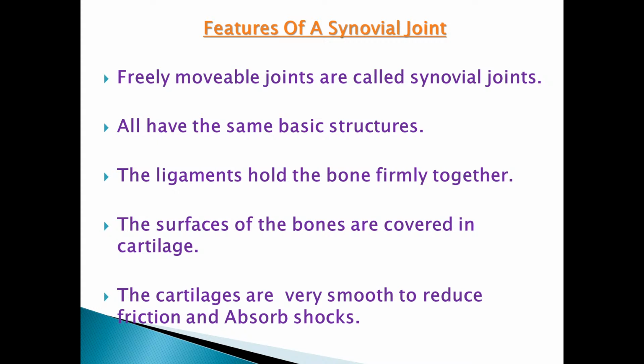But you cannot have one bone and call that one bone a joint. So we're moving on to synovial joints, and these joints are normally called movable joints. That simply means that these joints allow movement to take place. So they are saying that freely movable joints are called synovial joints.